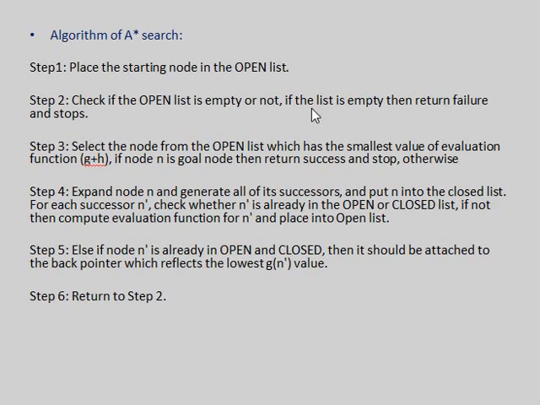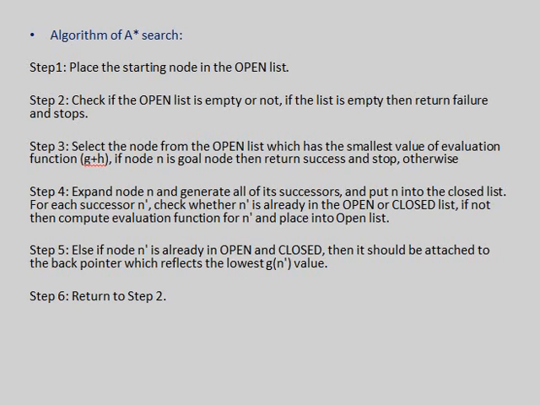If the list is empty, then return failure and stop. The third step is to select the node from the open list which has the smallest value of the evaluation function, that is the addition of g of n and h of n, and if the node n is a goal node, then return success and stop.